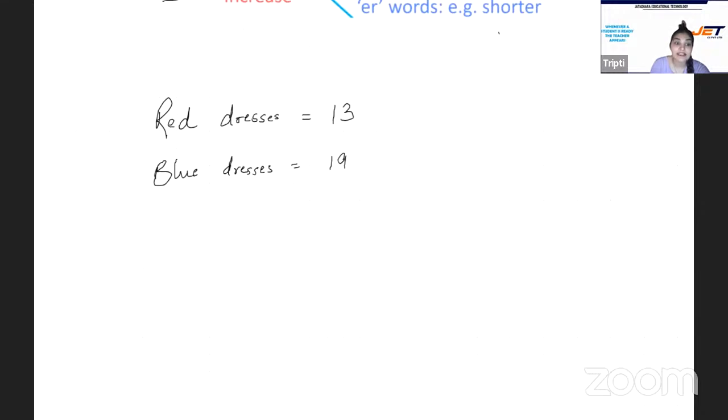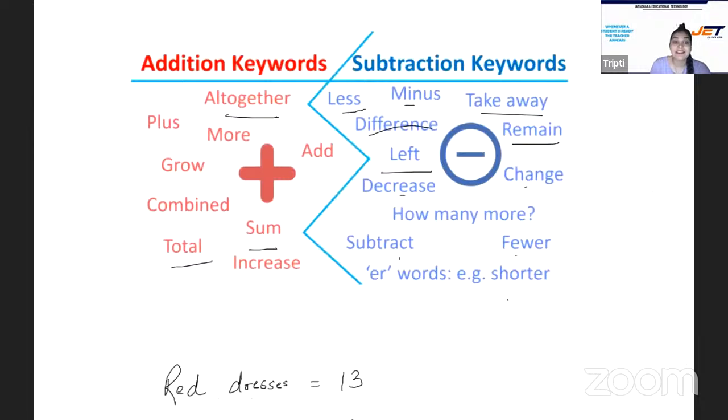It is asking what is the total number of dresses that she has now. How will you find that out? The words like how many, total, or how many dresses does she have altogether. So what are you supposed to do here?